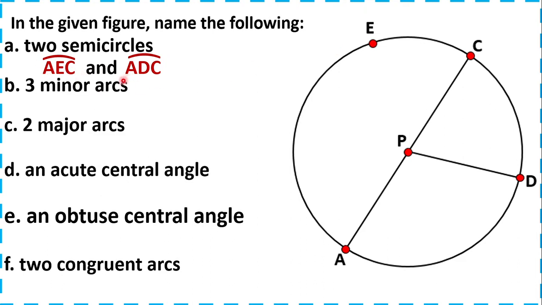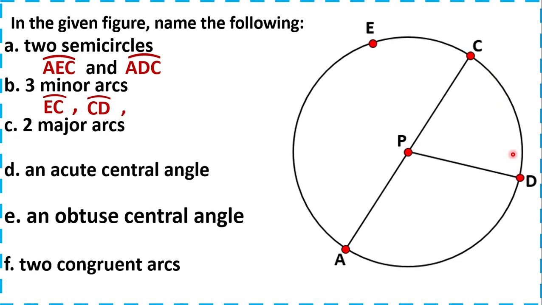Next, 3 minor arcs. The first one is arc EC. When we say minor arc, it is less than 180 degrees. The second one is arc CD, which is a minor arc.